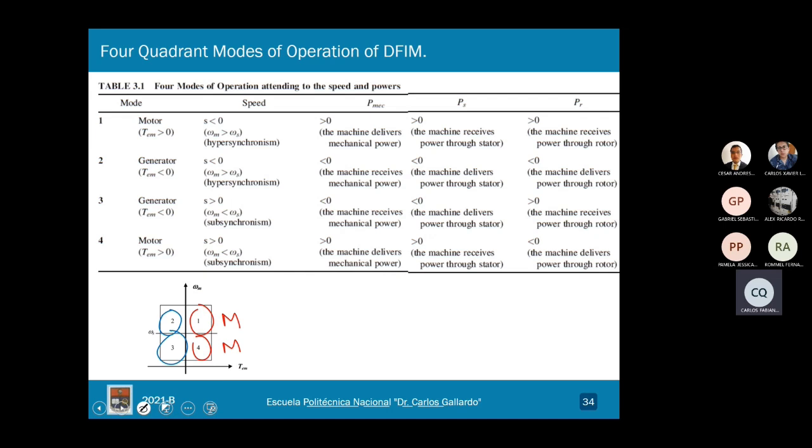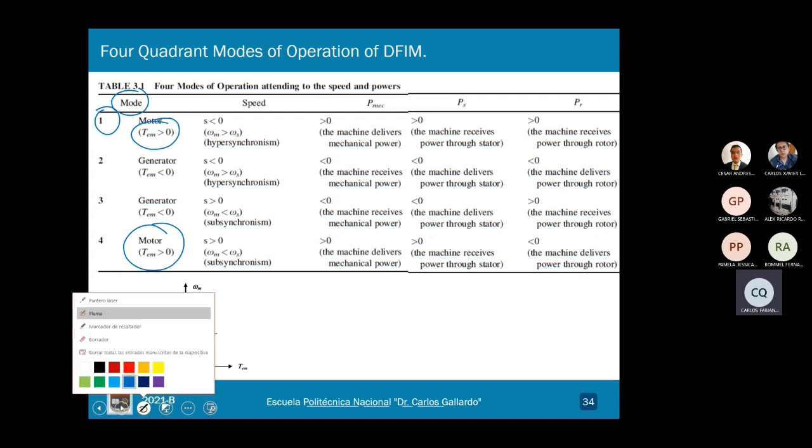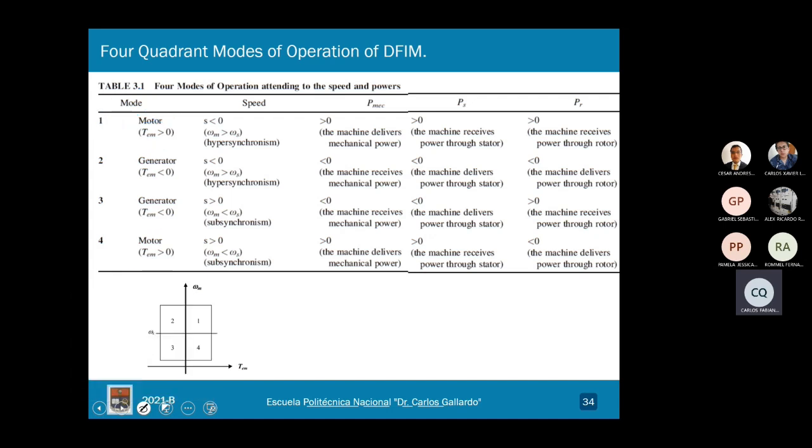What is the reason? So let's analyze, for instance, the mode of operation 1. If the electromagnetic torque is bigger than 0, the operation is motor. If the electromagnetic torque is less than 0, the operation is as a generator. This is my first conclusion.